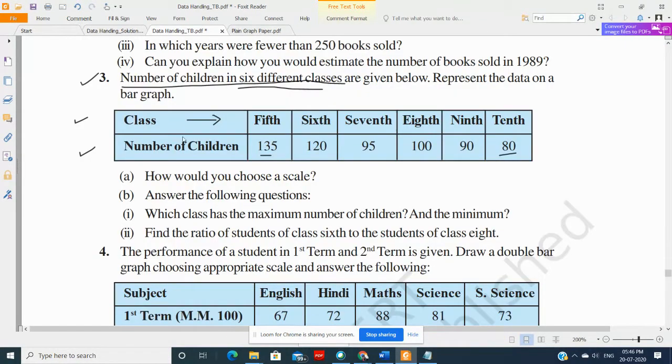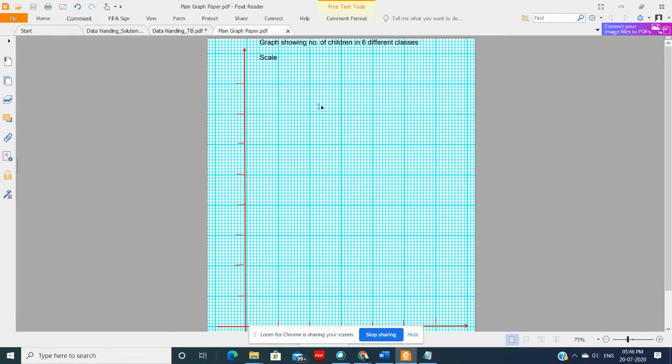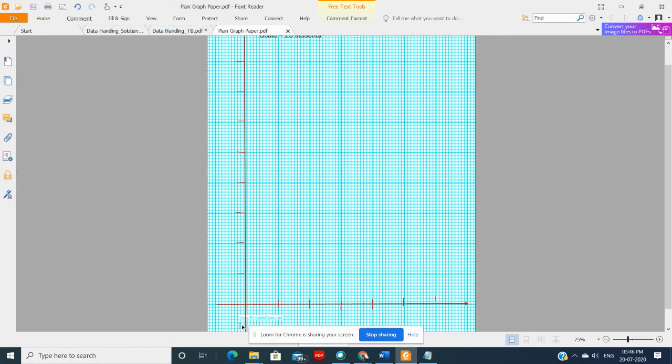Now the lowest number is 80, but I know that I can start from 0, but then which gap should I take? And the highest is 135. So what I have decided is I will take 1 centimeter is equal to 25 students.